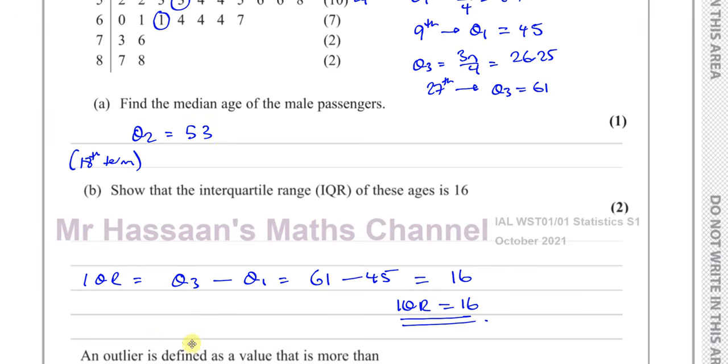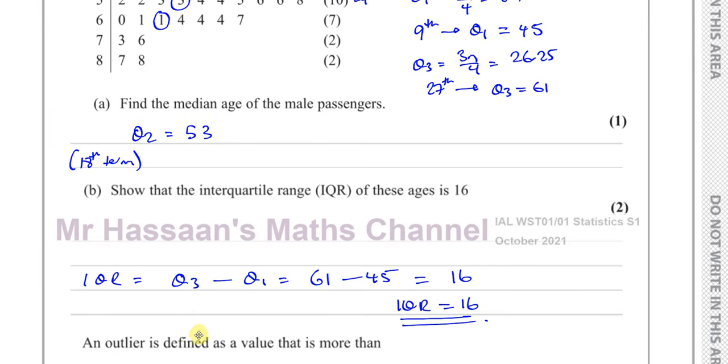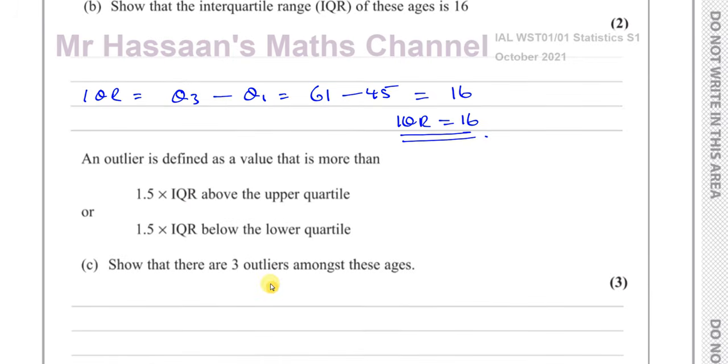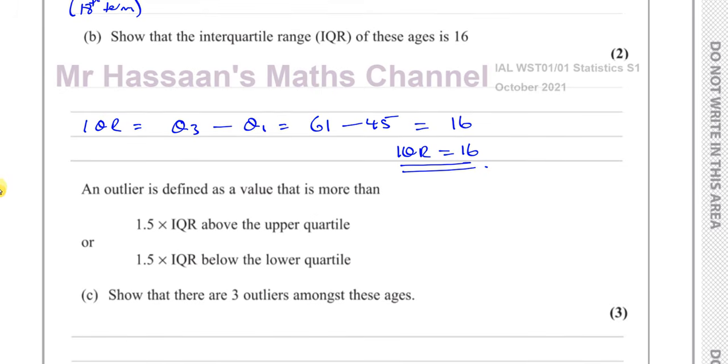And then the next part of the question says an outlier is defined as a value that is more than 1.5 times the interquartile range above the upper quartile, or 1.5 times the interquartile range below the lower quartile, sorry. So you're going to have the upper quartile, which you worked out is 61, plus 1.5 times the interquartile range, which is 16.